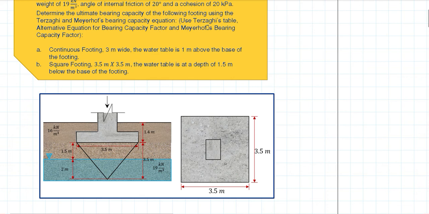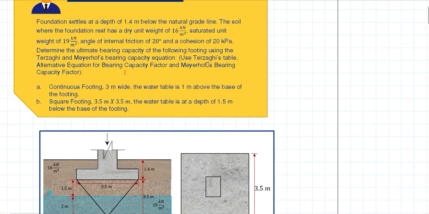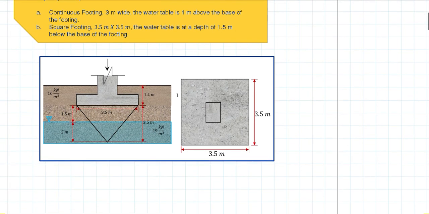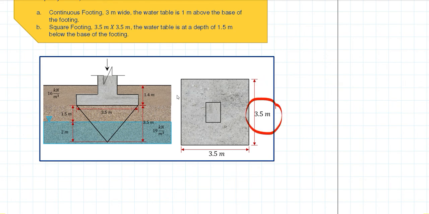So, kung i-interpret natin yung problem itself on a drawing, ito siya. We have here the top view nung footing natin. Meron siyang dimension na 3.5 by 3.5. Then, we also have here same values of the unit weight for dry soil and the unit weight for saturated soil.